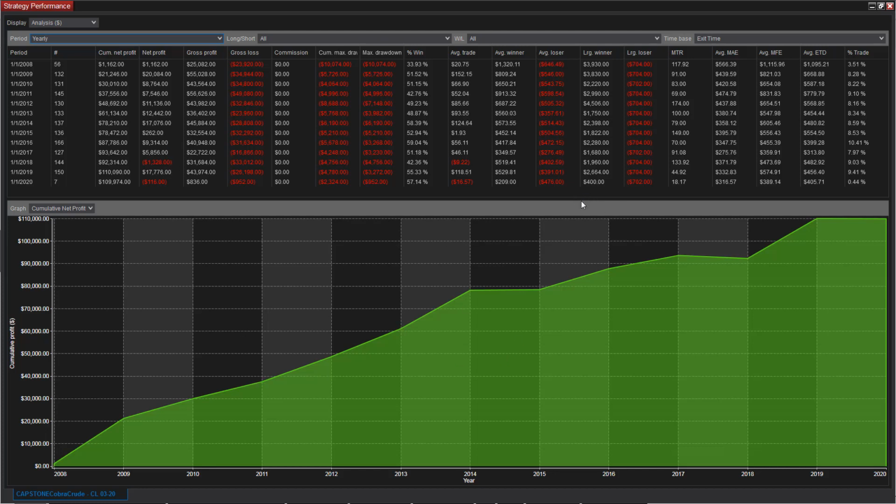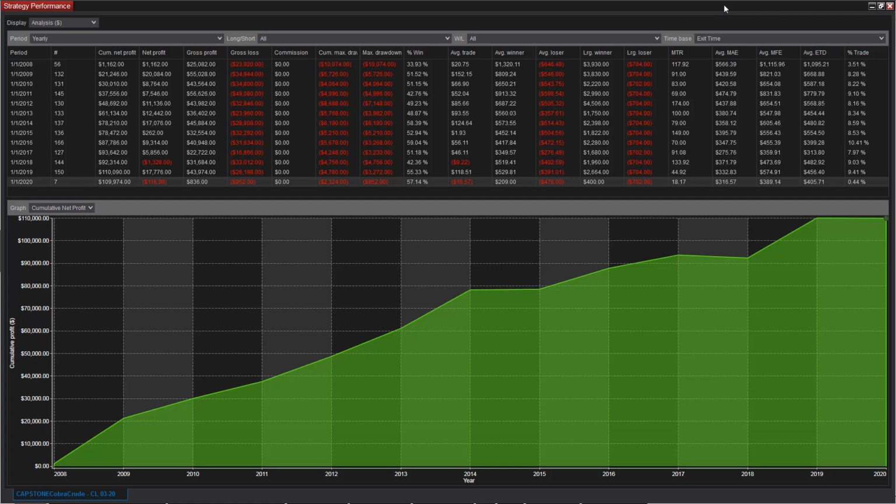So you see the cycles of how this strategy does well and how it can kind of have some sideways years, 2015, a little bit down in 2018. And just so far this year, it's only 7 trades. It's too early to tell. And so I like to get in on mean reversion to average profit. Right now it's down, so it's a good time to get in on this strategy.